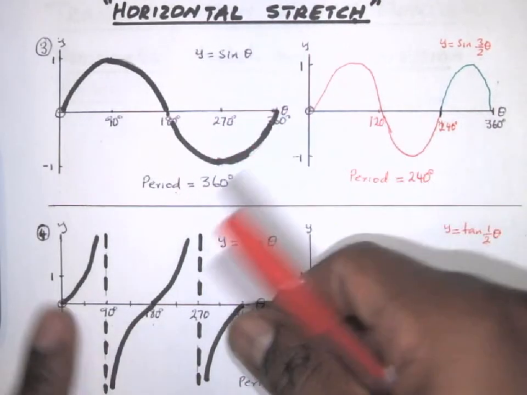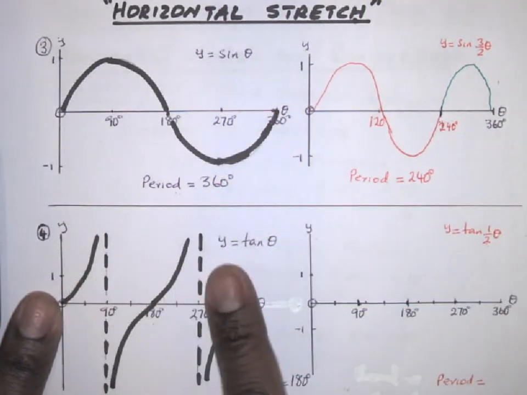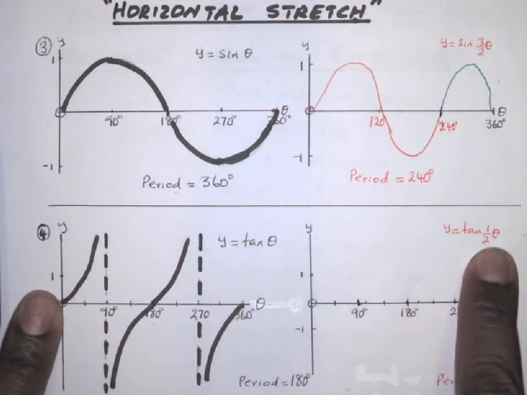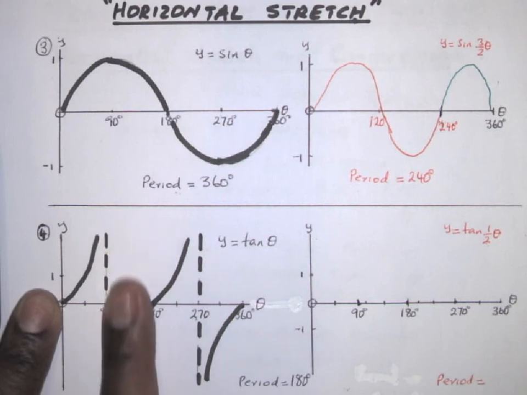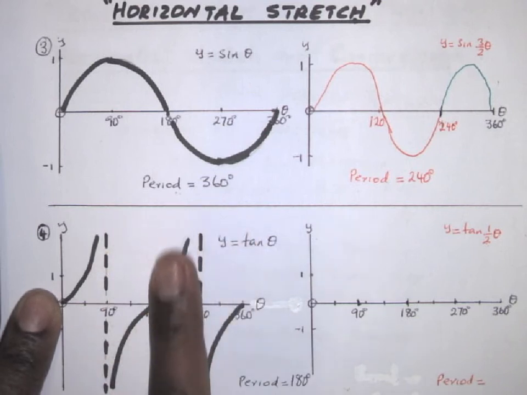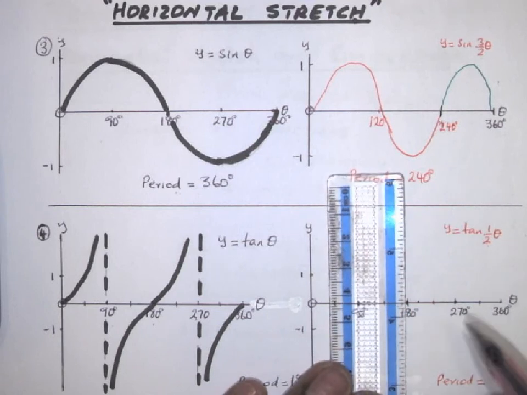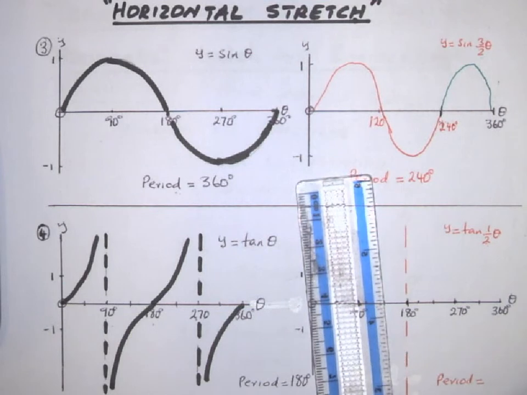When we're stretching, we are holding here and pulling. So where will this 90 be? I'm pulling with a scale factor of a half, so this will be pulled to 180. The vertical asymptote will now be at 180 degrees.